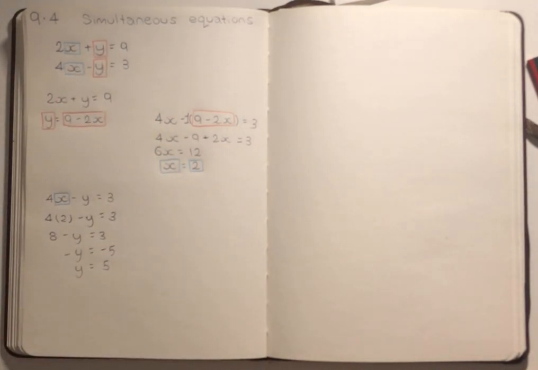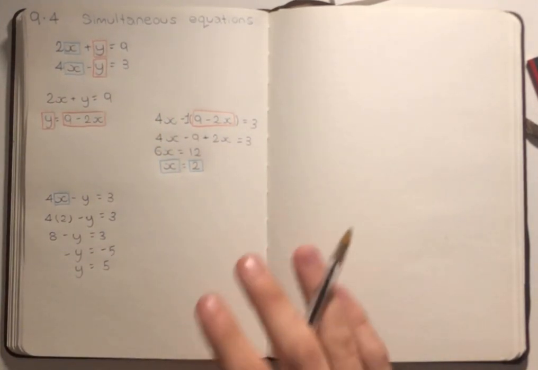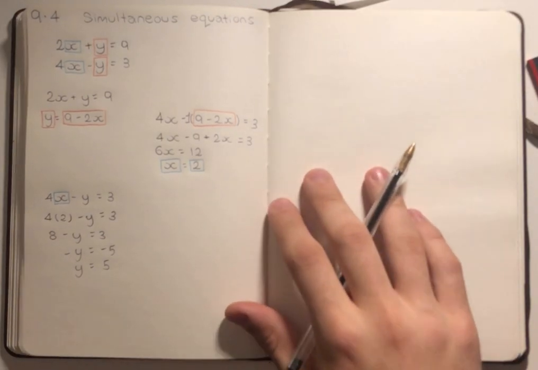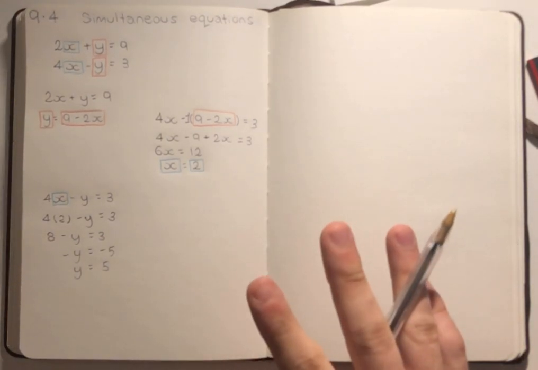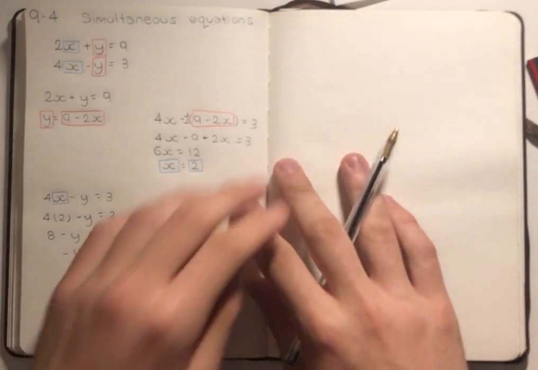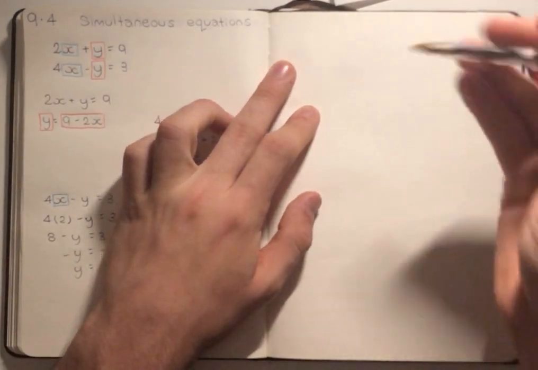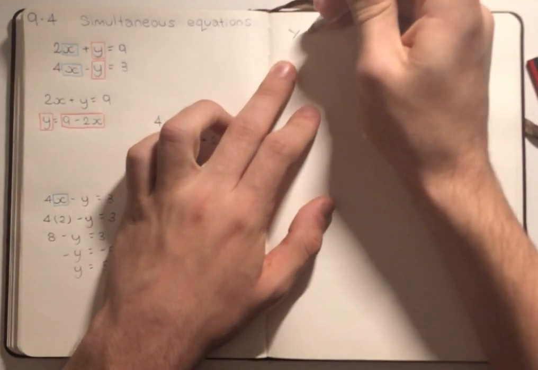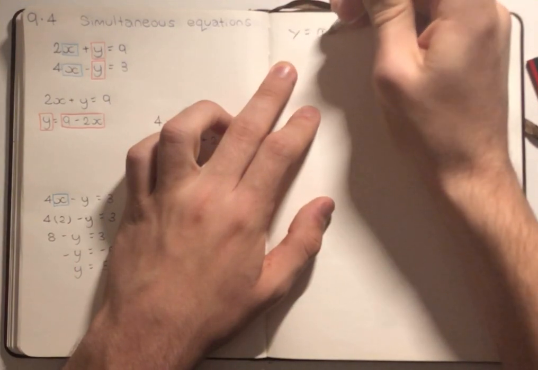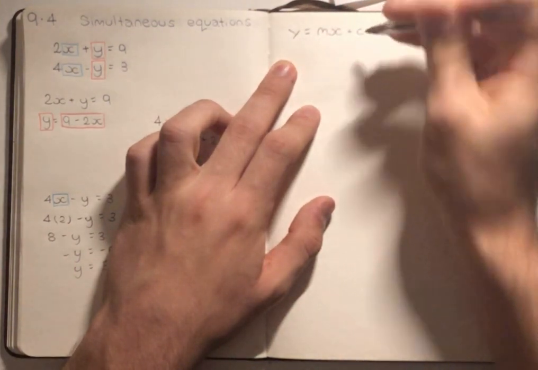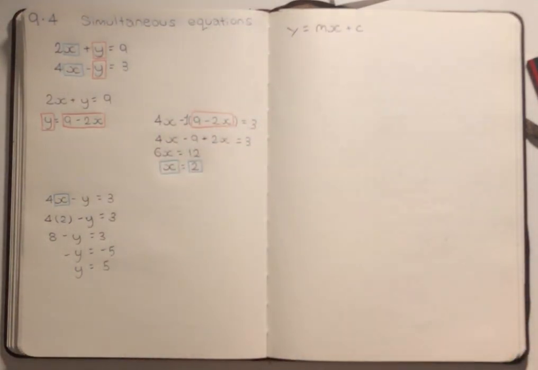We've solved it. The next part of simultaneous equations is solving two linear simultaneous equations. A linear equation, as we know, is in the format of y equals mx plus c. This is a linear equation.